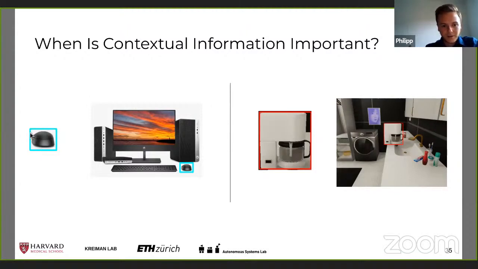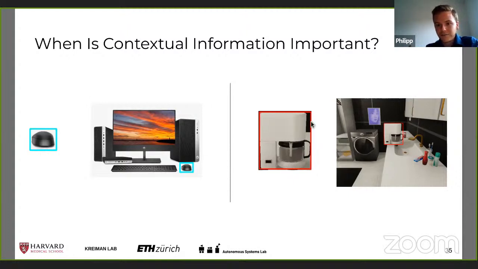The computer mouse example might be quite good to illustrate that. If you're just looking at this object here, it's not immediately clear what the object would be. And here, of course, it helps a lot if you put it into the proper context, and you can now disambiguate between different hypotheses for this object that you might have had.